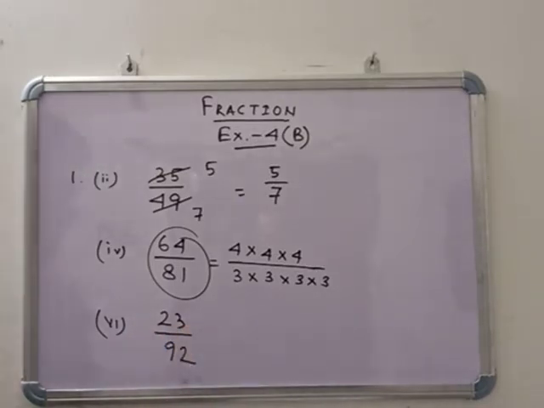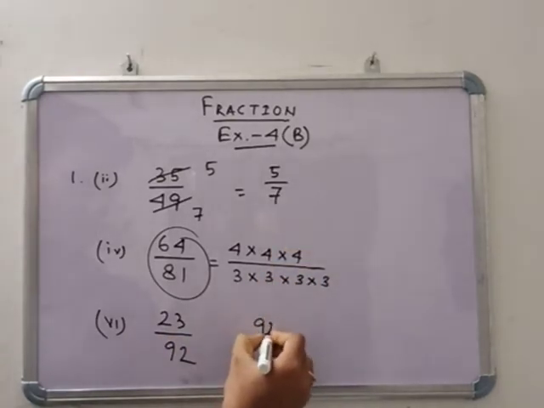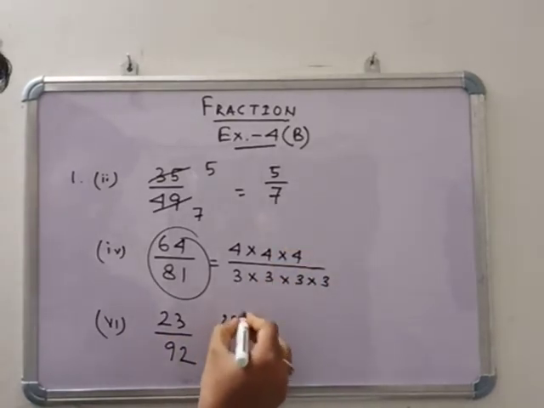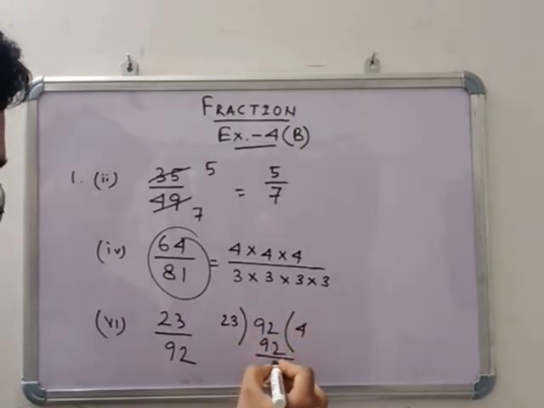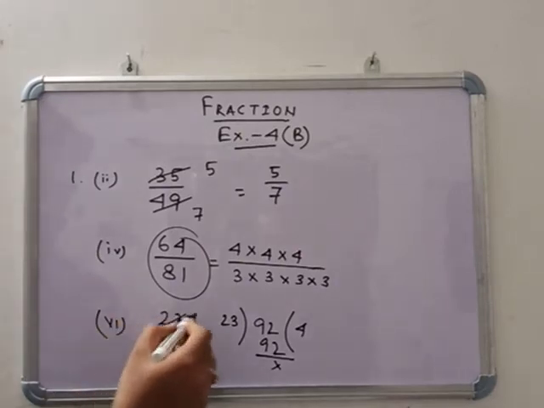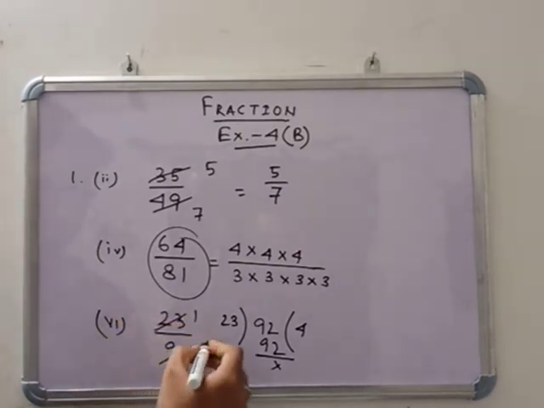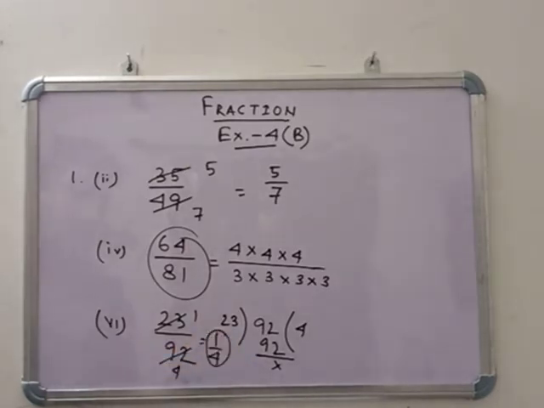For big fractions, we use the HCF method for easy calculation. If we divide 92 by 23, we get 4, that means 92 is 4 times 23. Dividing both, we get 1 by 4. So 1 by 4 is the answer.